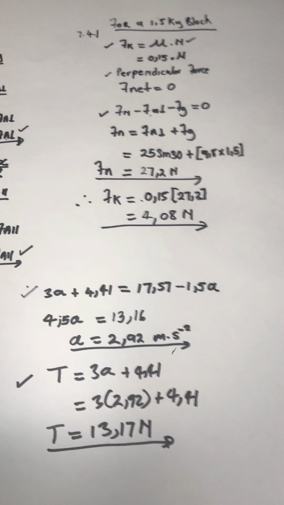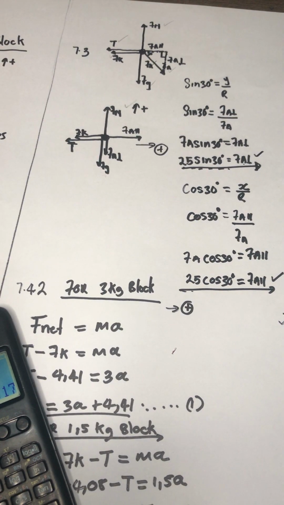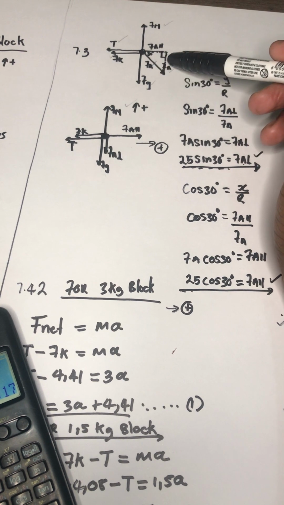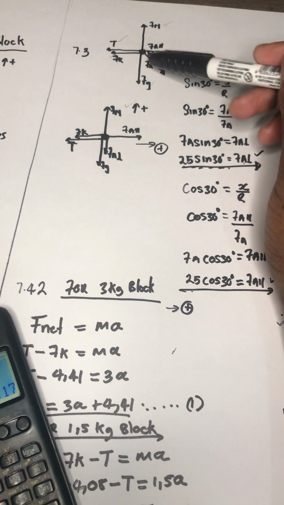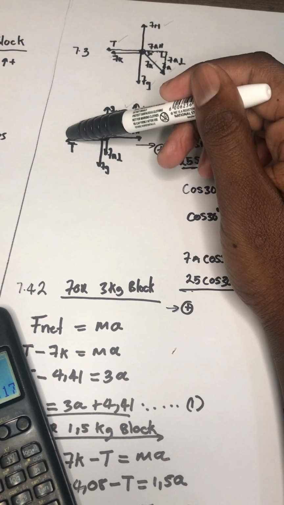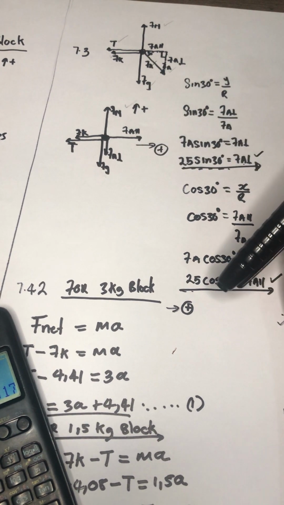What is important is being able to resolve these components. We start from a force acting diagonally and resolve it into forces acting parallel to the surface only and forces acting perpendicular to the surface only.